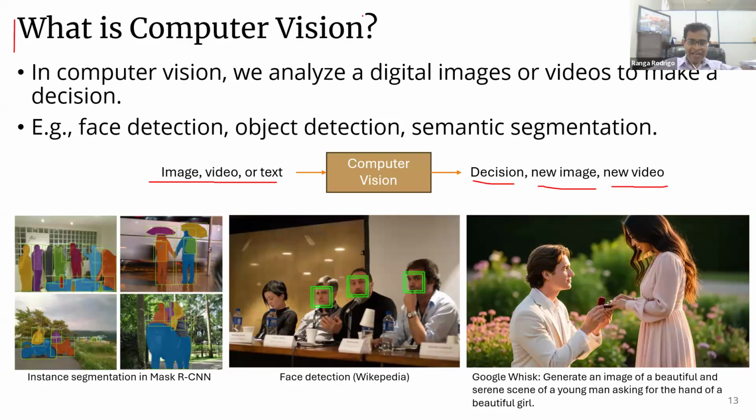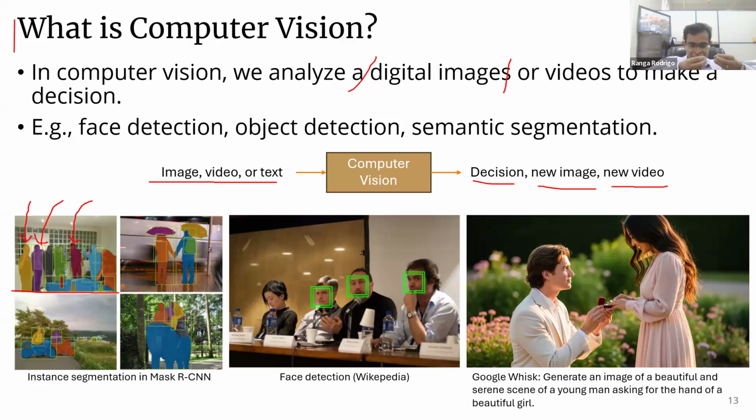So in computer vision, we analyze digital images or videos to make a decision. Face detection, for example, object detection, semantic segmentation, these are examples. Now think about this, for example. Here, each of these people have been identified with a different color, and pixels comprising those people have been colored in that.